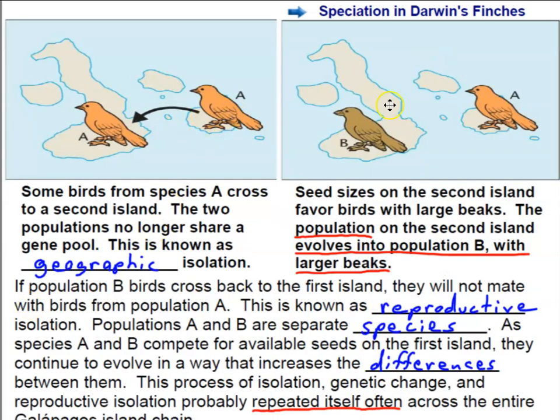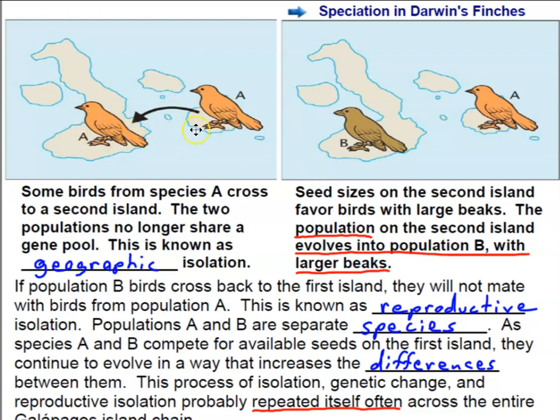So this graphic shows a little bit more how it works. So this is population A that came over from the mainland, and then some from that population flew to a different island and established another population, but they're still the same species, just on different islands. But they tend to not fly from island to island so much, so they remain geographically isolated on their separate islands.